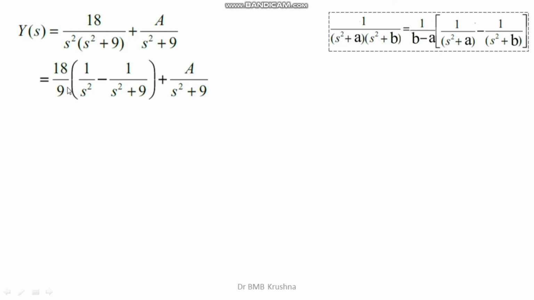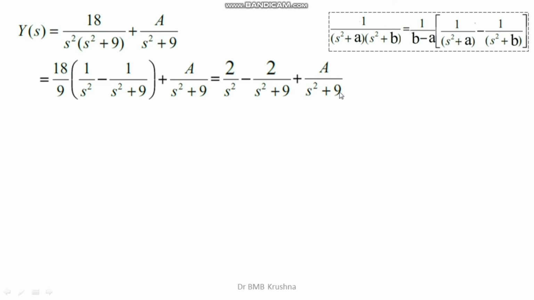18 by 9 is 2, 2 into 1 by s square, that is 2 by s square, minus 2 times 1 by s square plus 9 is 2 by s square plus 9, plus there is no change in the third term, we have taken it as it is.